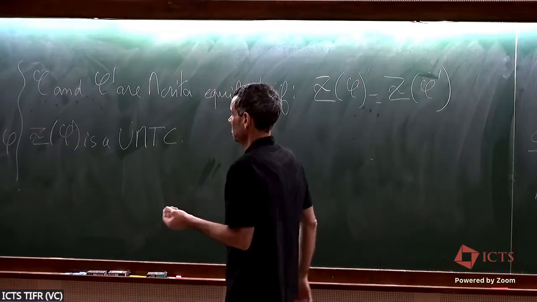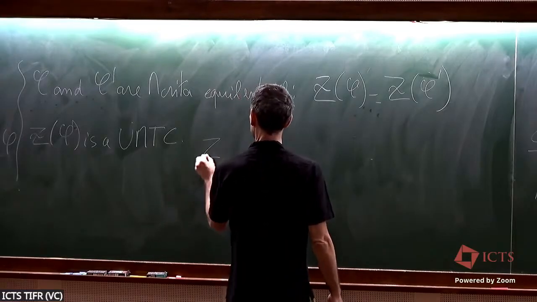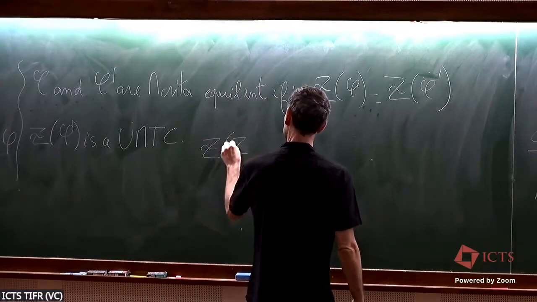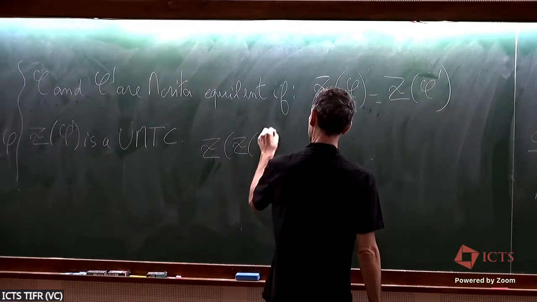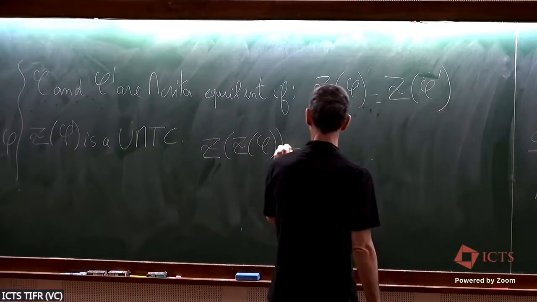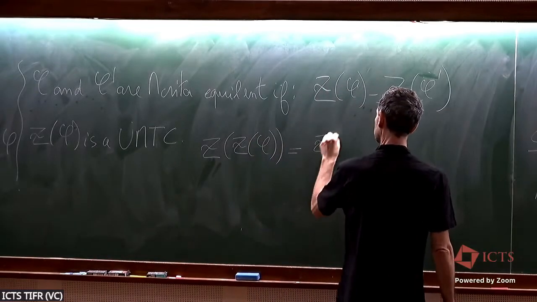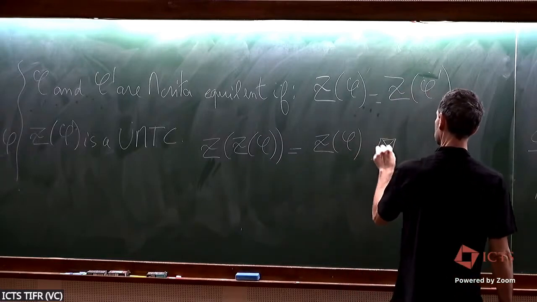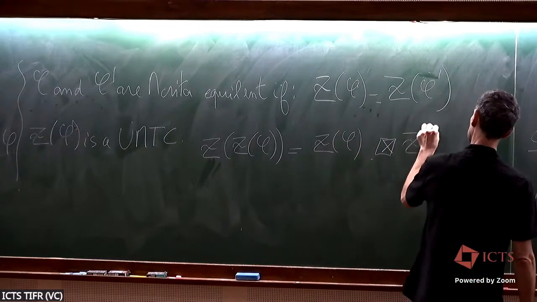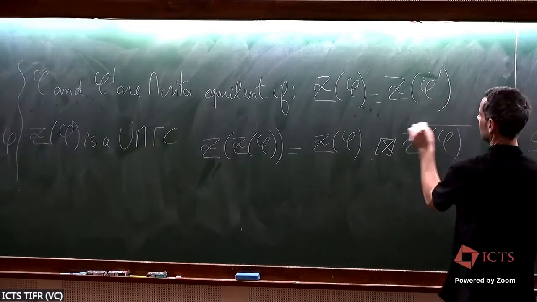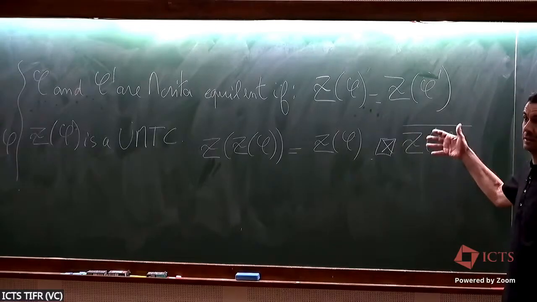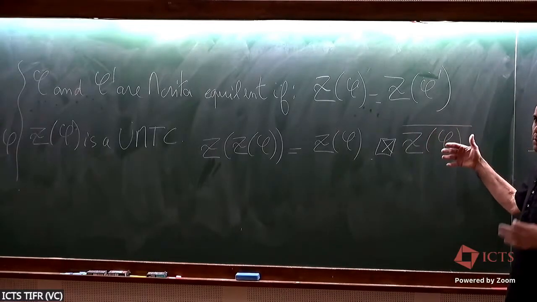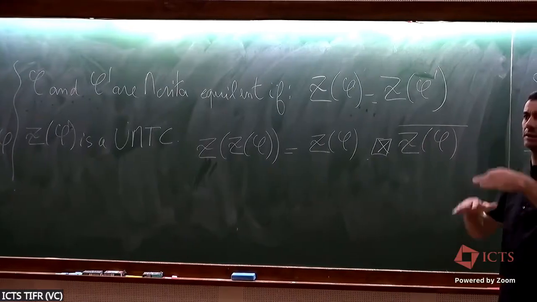So it will be built like the stacking of Z of C cross Z of C with opposite chirality, but they are achiral in this case. So it will just be a stacking of two identical Drinfeld centers.